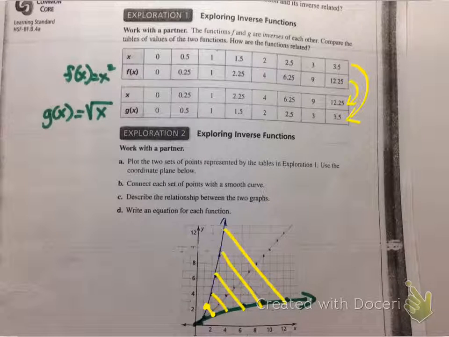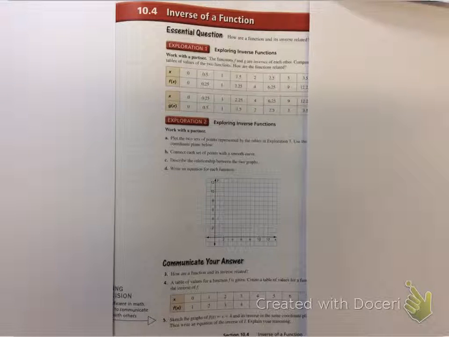So if I have, let's say, y equals 2x, how do you think we'd go about solving that to find the inverse function? Would you make the table first? No. Would you find what x is equal to? No. What did I do with the relation or in the table?